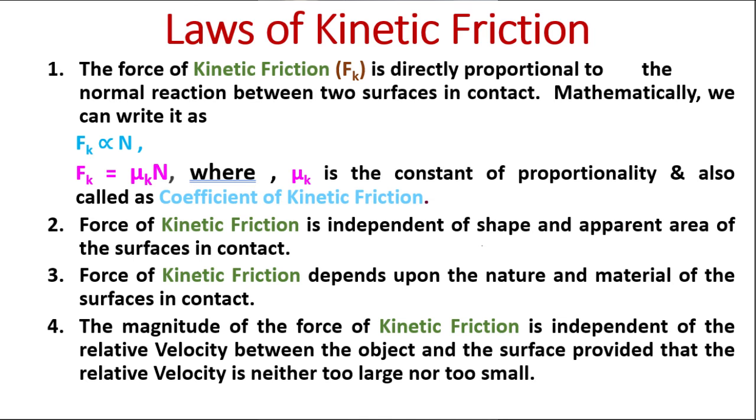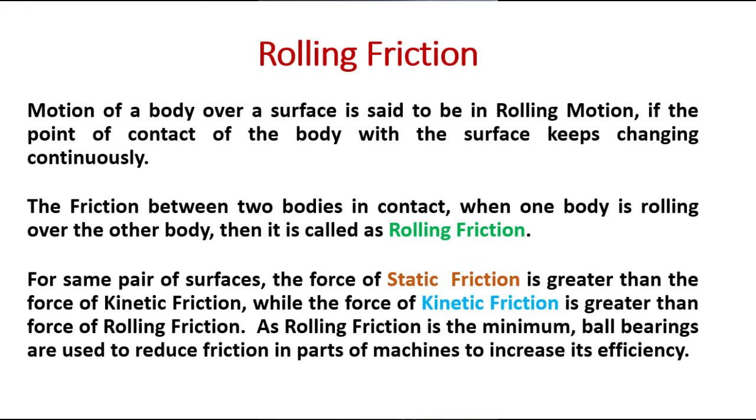Now let us try to understand one more term, that is rolling friction. Motion of a body over a surface is said to be rolling motion if the point of contact of the body with the surface keeps changing continuously. The friction between two bodies in contact when one body is rolling over the other body is called rolling friction.